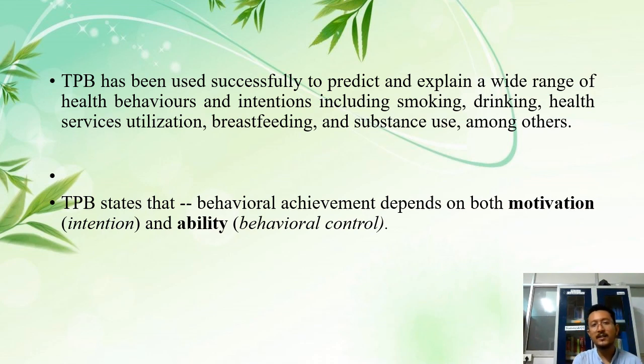So in other words, this theory is also dependent on an individual's ability to exert self-control. Only if he or she is able to exert self-control on his action will that particular action or behavior be executed. It is based on his belief or perception or ability to execute that action. So I hope it's clear.